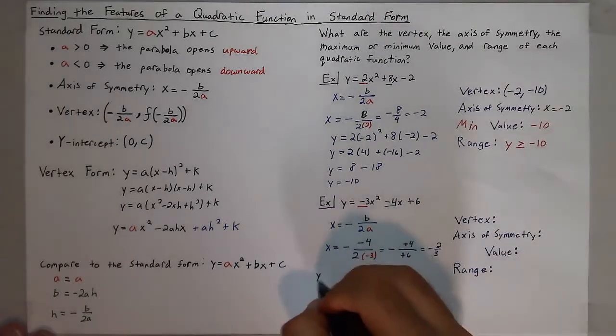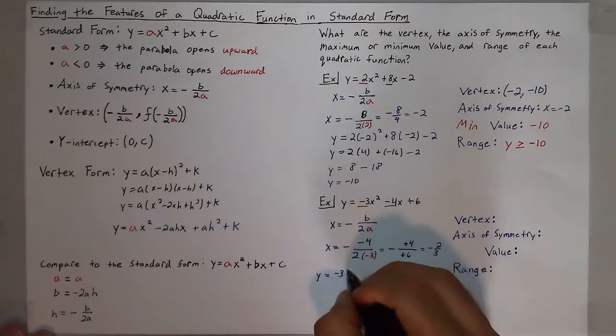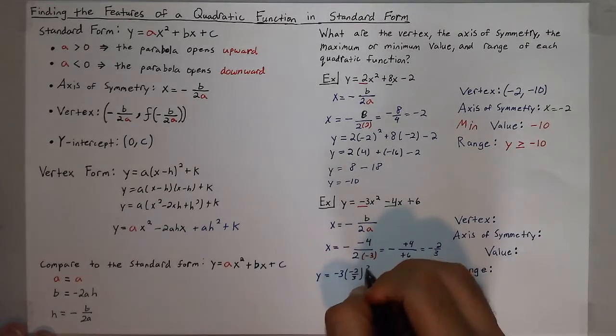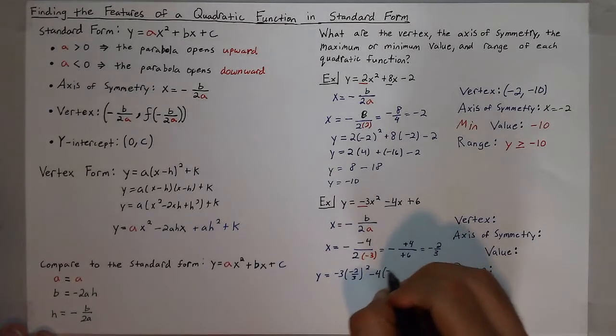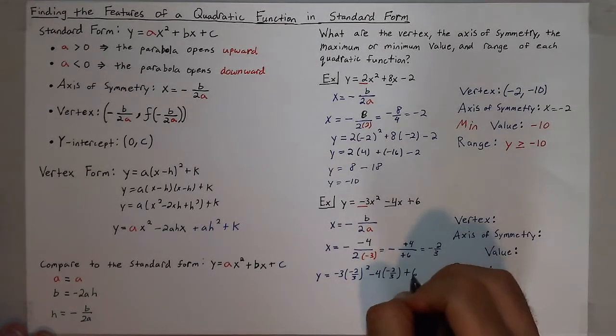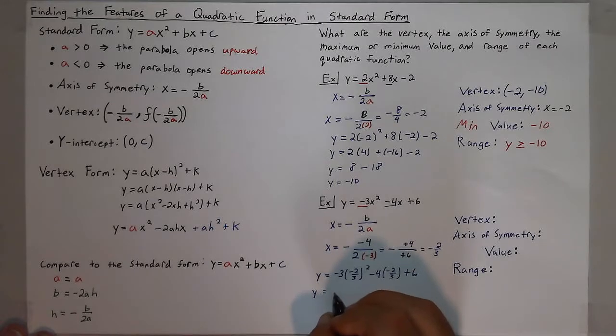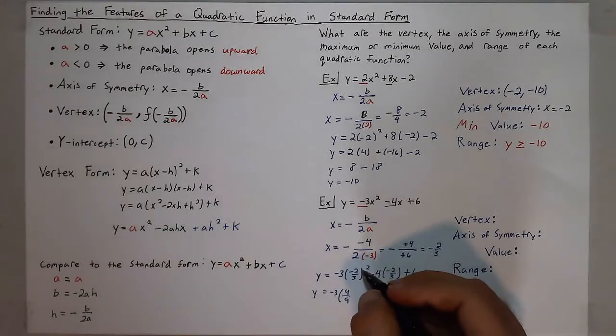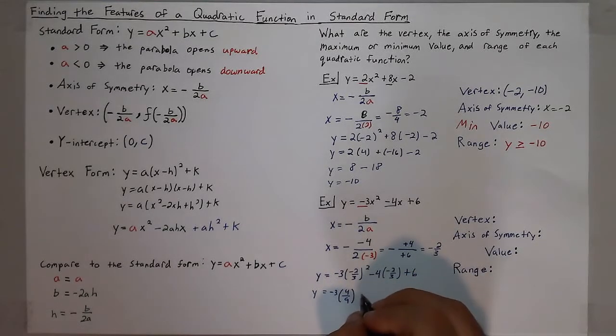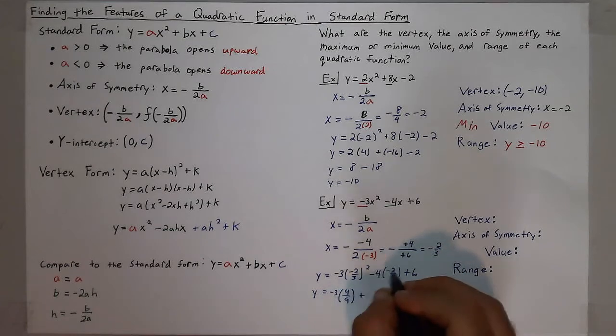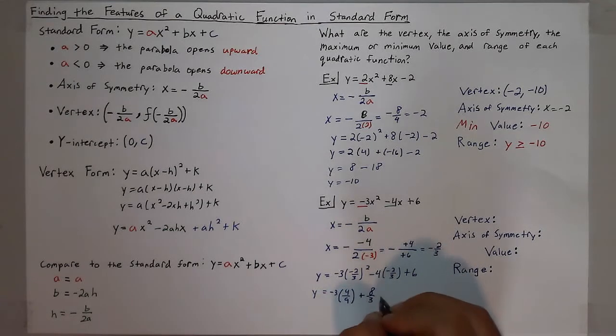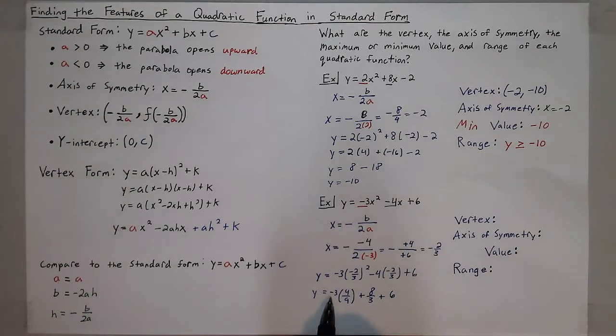Now let's plug that in. So I'll have negative 3 times negative 2/3 squared, minus 4 times negative 2/3, plus 6, which gives me negative 3 times 4/9. When you square a fraction, you just square the top number and the bottom number, plus negative 4 times negative 2/3, which is 8/3, and plus 6. When I multiply by 3 here, that 3 divided by 9 makes this a third, so the common denominator is going to be 3.